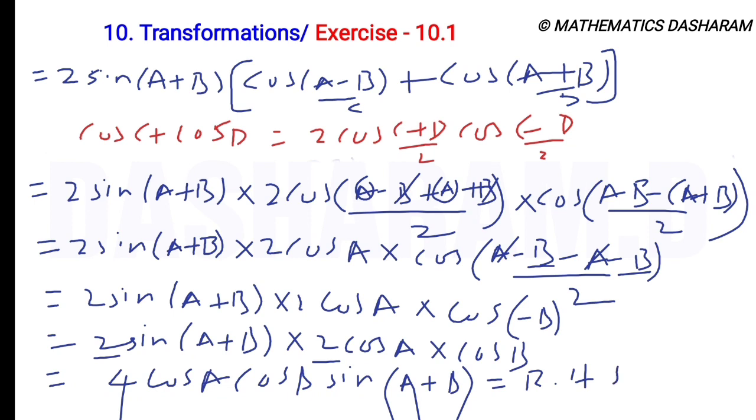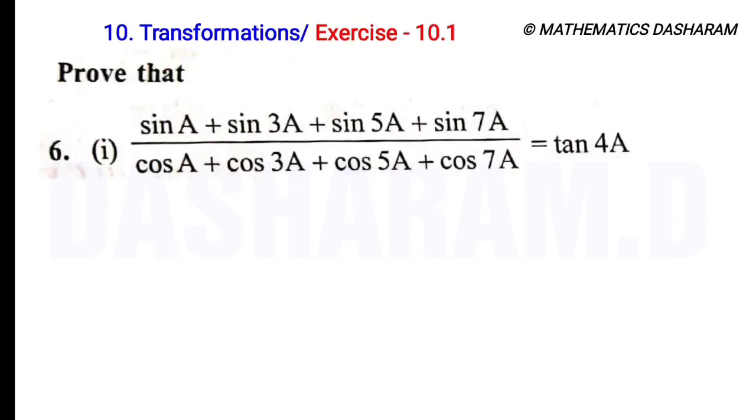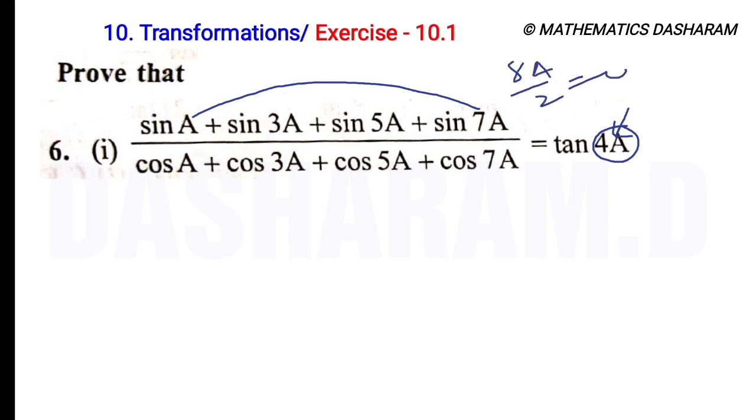So hence proved. Sixth problem, first one: (sin A plus sin 3A plus sin 5A plus sin 7A) by (cos A plus cos 3A plus cos 5A plus cos 7A) equals tan 4A. To get tan 4A, see the angle is 4A. A plus 7A is 8A and 8A by 2 is 4A, and 3A plus 5A is 8A, 8A by 2 is 4A.